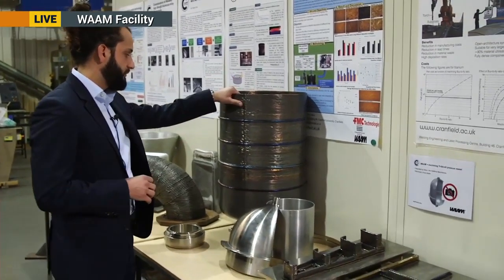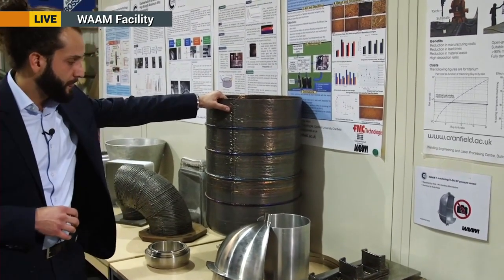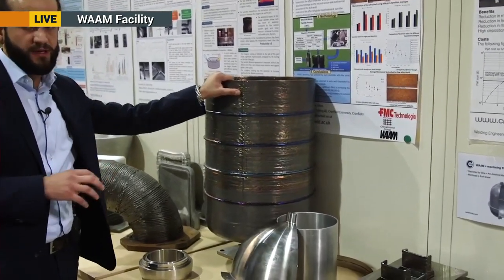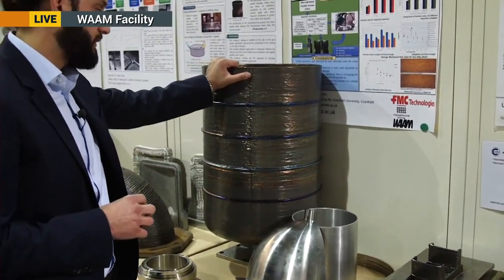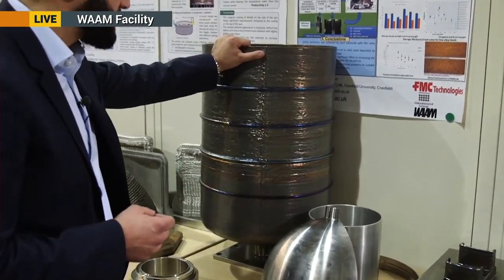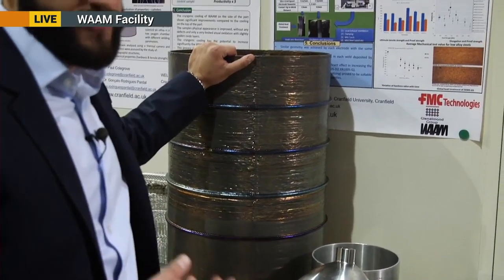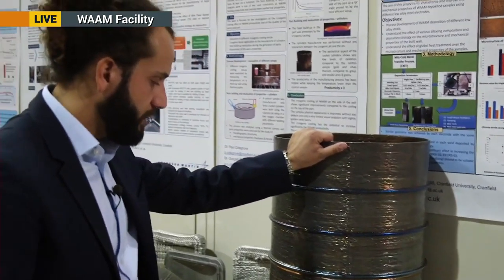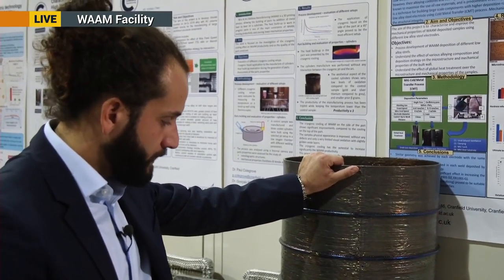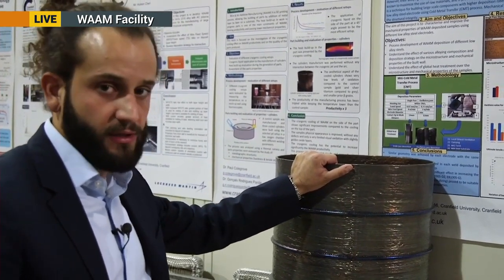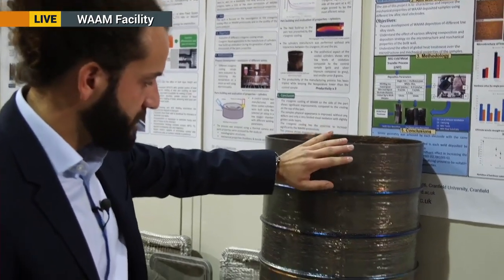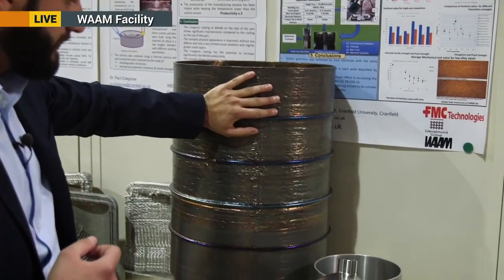I'm going to give you an example of this pressure tank. Actually, this is for space applications, but we have made several more for other sorts of applications. In this case, we can enable a number of advantages from a business point of view. First of all, if made traditionally, this tank would be made out of 3 different components. You've got the main ring, which is machined out of a forged ring.